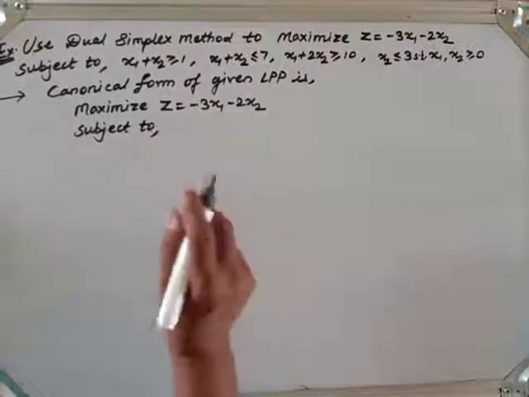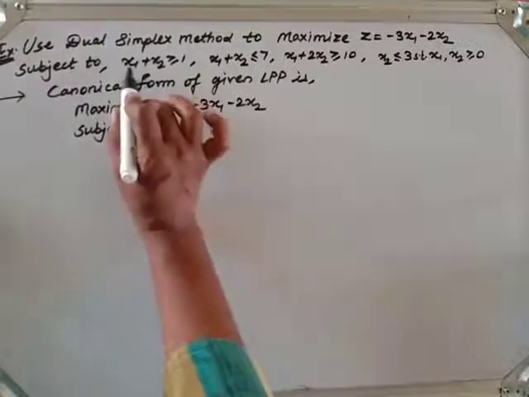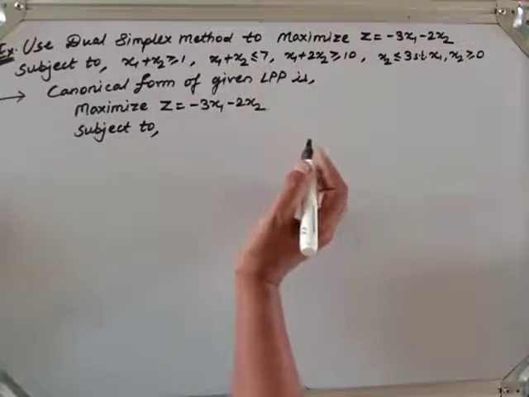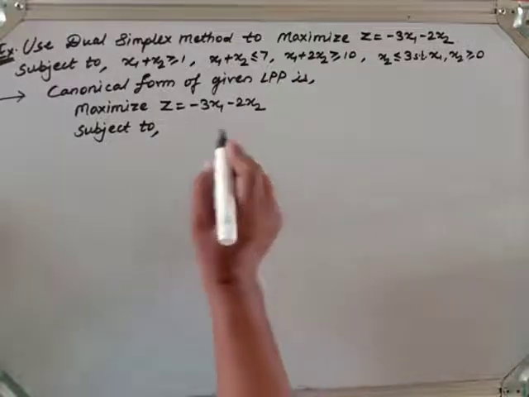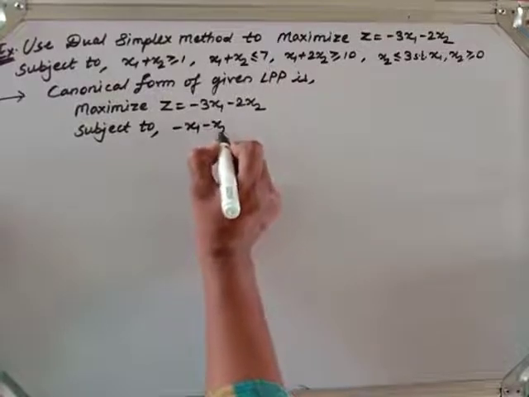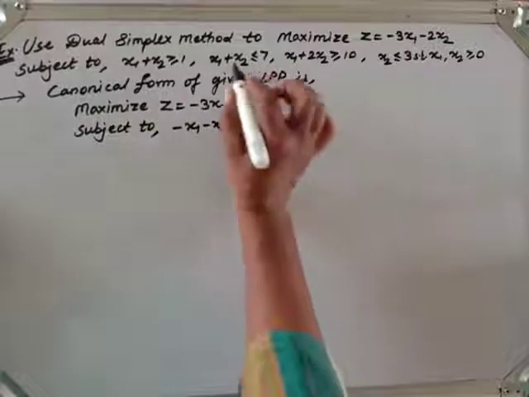Now the constraints in canonical form should be of less equal type. The first constraint is x1 plus x2 greater equal 1, so let us make it less equal by multiplying throughout by minus 1. It becomes minus x1 minus x2 less equal minus 1; the inequality sign changes.